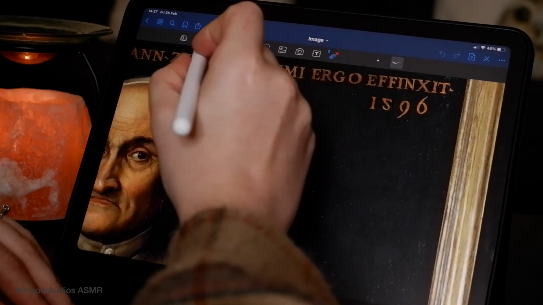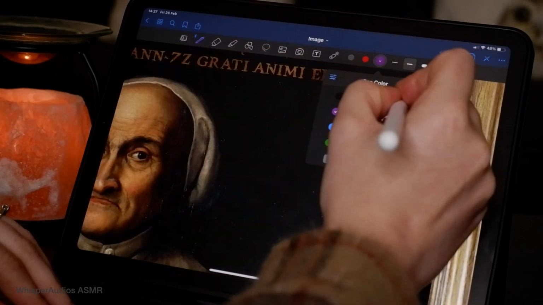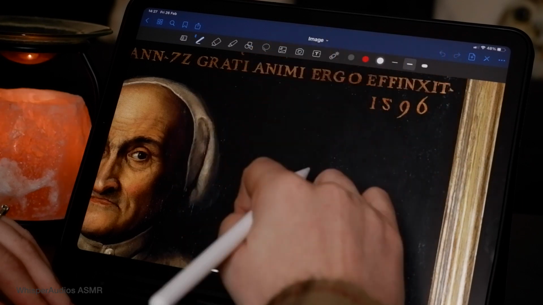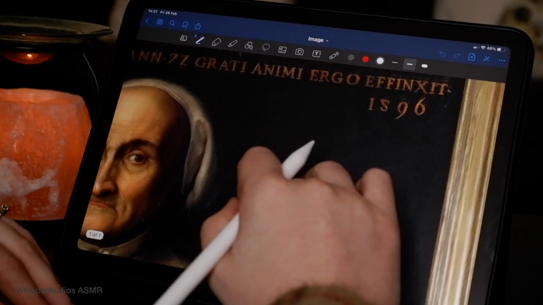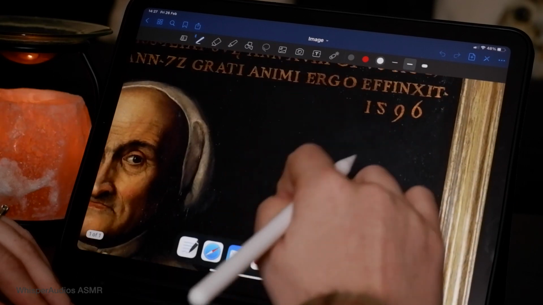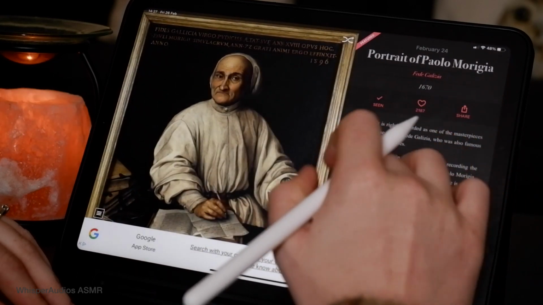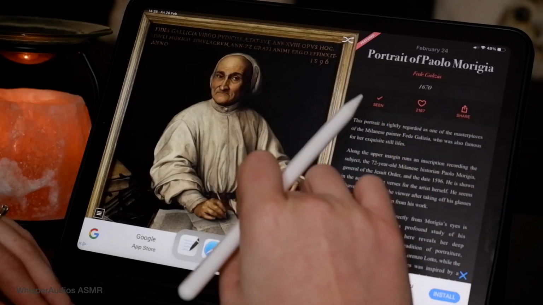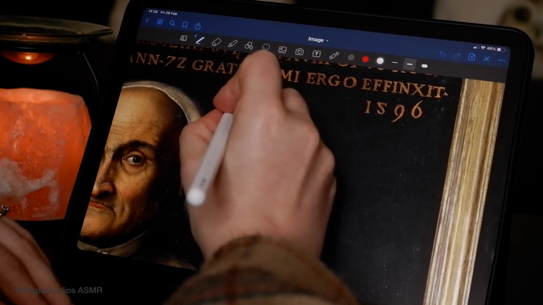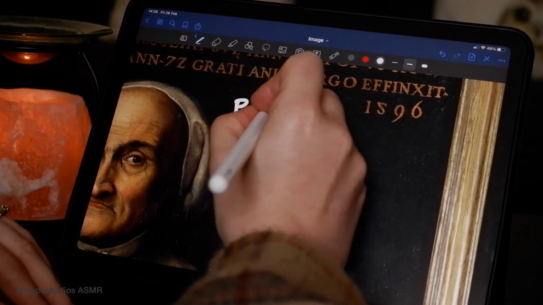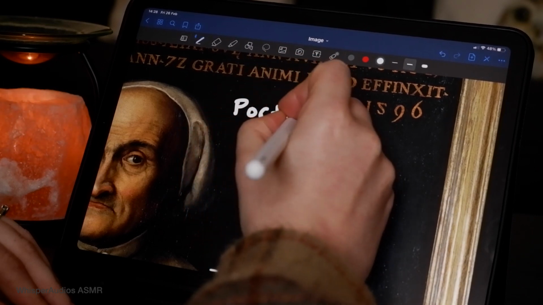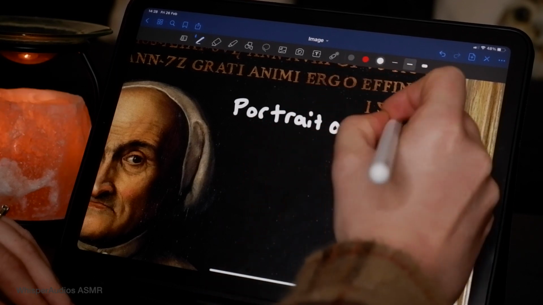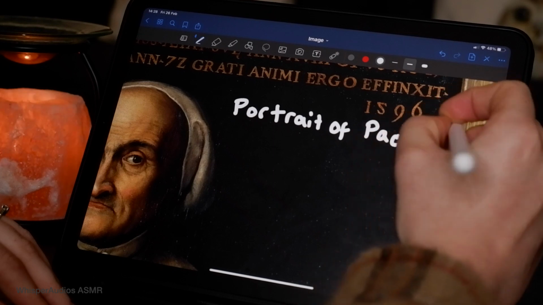We know that this is a portrait, and it is the portrait of Paulo Morriga.